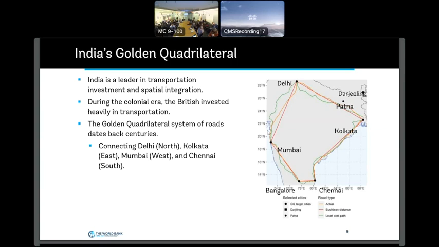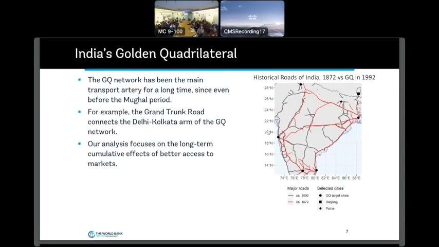And what's cool about this is, A, it's a great highway network, and B, parts of it have been around for centuries. The Grand Trunk Road, for example, which runs along here, dates back centuries.